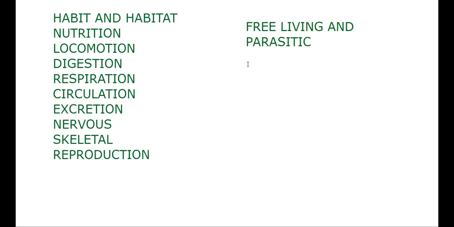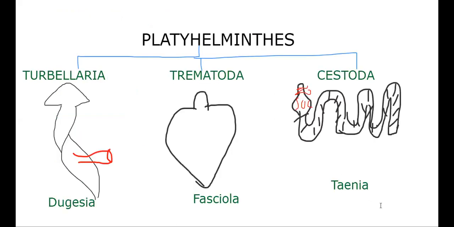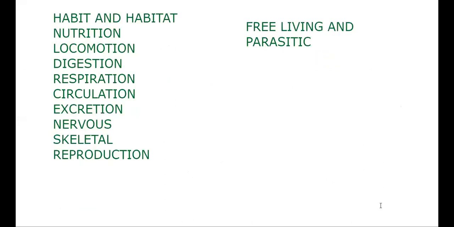Our best examples: Fasciola is a parasite, and in Cestoda, the tapeworm is also a parasite. Completely free living animals are present in Turbellaria.